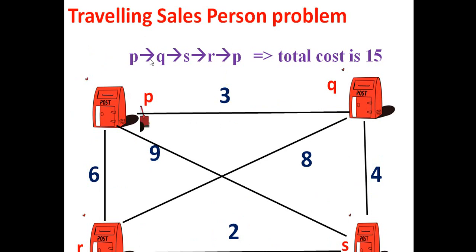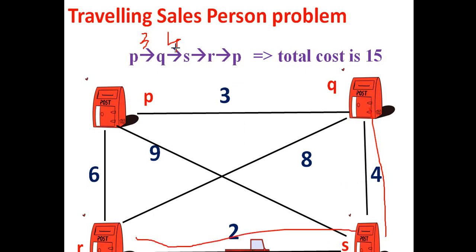See here, from P to Q, the distance is 3. From Q to S, the distance is 4. From S to R, the distance is 2. Then R to P, the cost is 6.